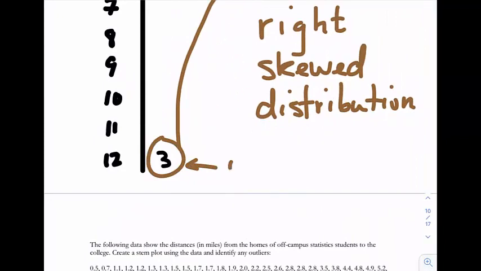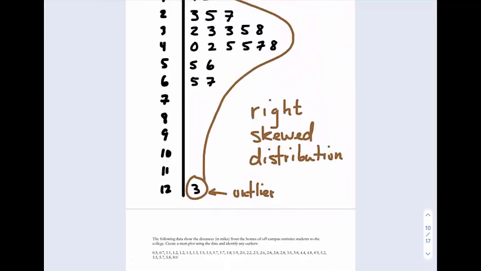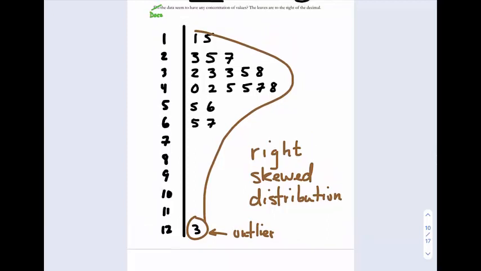This is definitely an outlier, and we'll discuss how we define outliers at the end of this material in Chapter 2, more specifically 2.6, where we'll have a better way to define that. For here, values that stick out by themselves are considered outliers, and perhaps it suggests a right skewed distribution.